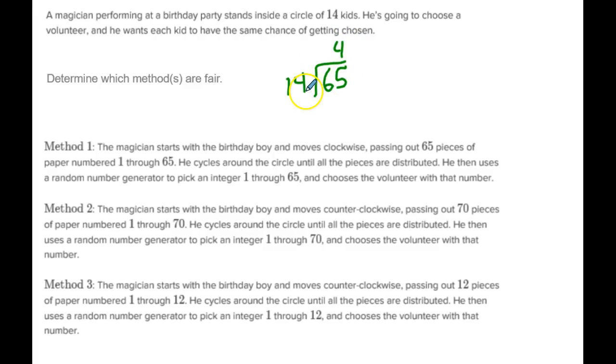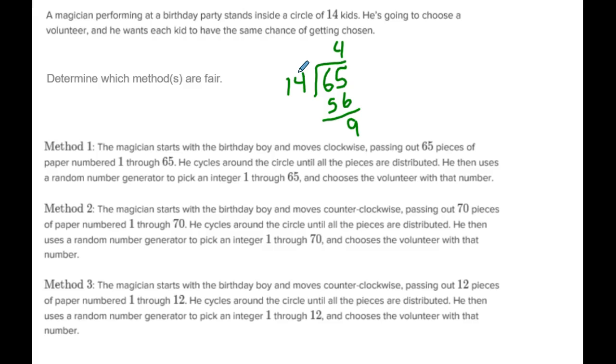So 4 times 14 is going to be 56. And if we subtract 65 minus 56, we're left with 9. So this means that of the 14 kids, all of them would get 4 pieces of paper, but then an additional 9 kids would get a 5th piece of paper, leaving 5 kids only with 4.